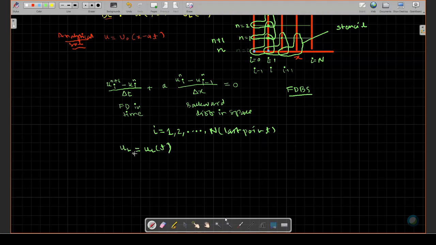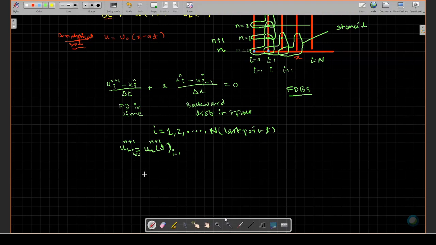This is all at i equals 0. And these are to be calculated at n plus 1. Always, these are calculated at n plus 1. No new values.